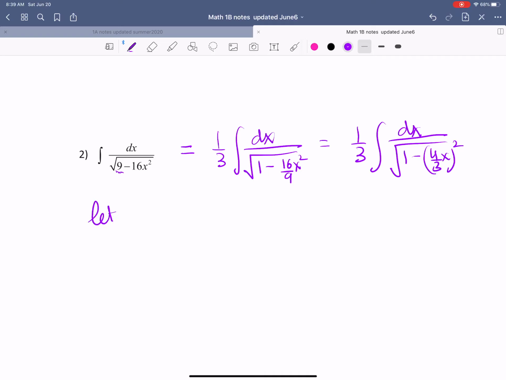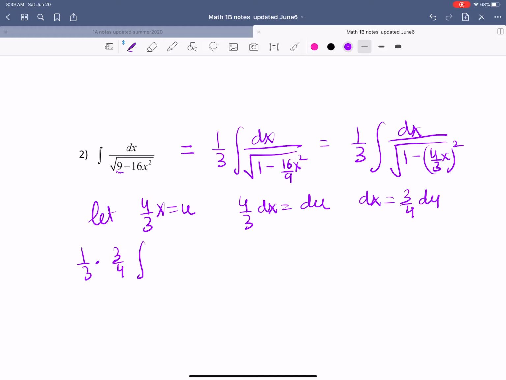Okay, so I'm going to let 4 over 3 x be the u. So 4 over 3 dx be du, and I can say dx will be 3/4 du. So 1/3 in the front, 3/4 coming from du, over square root of 1 minus u squared.